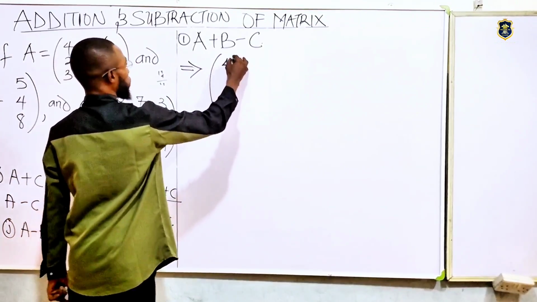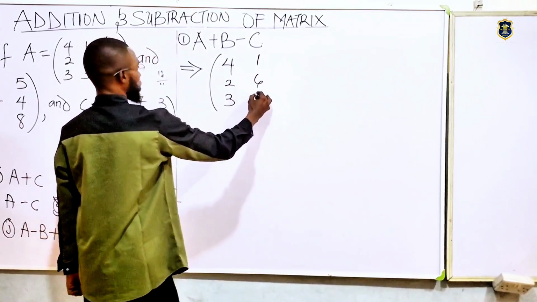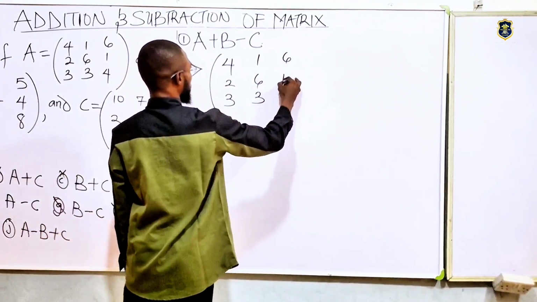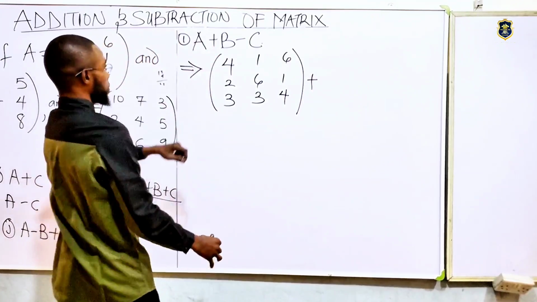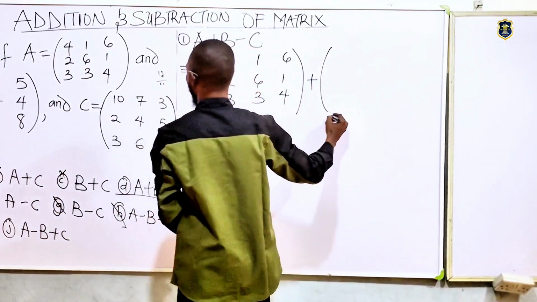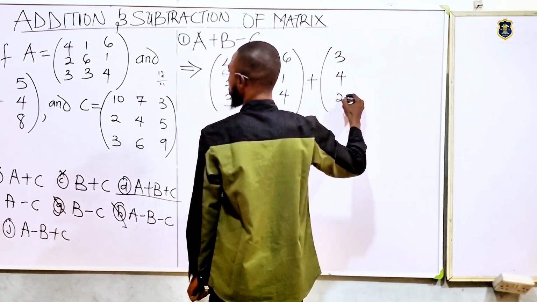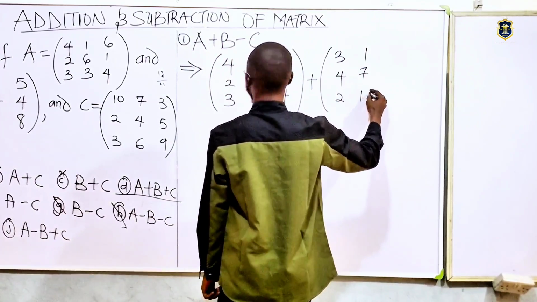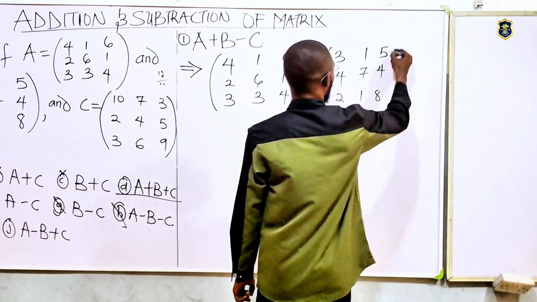This becomes 4, 2, 3, 1, 6, 3, 6, 1, 4, plus, as we are adding, 3, 4, 2, then 1, 7, 1, then 5, 4, 8, right?